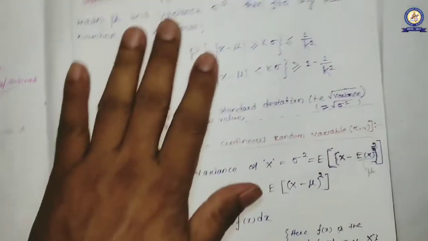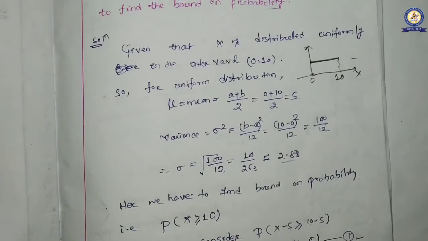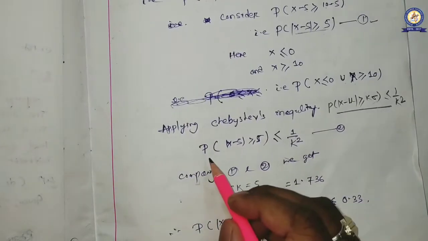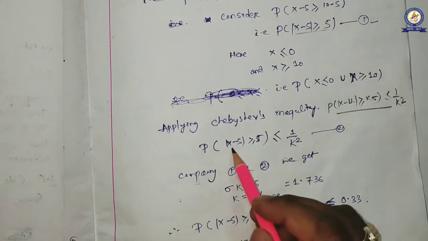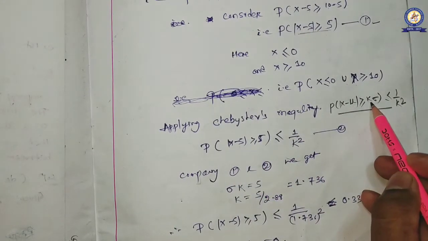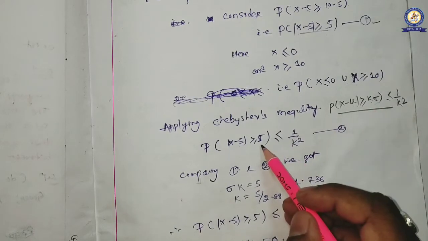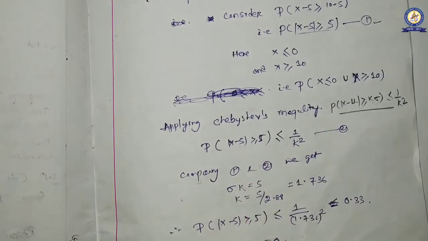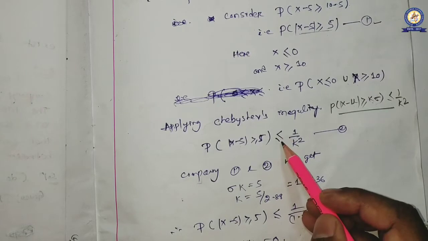These things we are going to use now. So probability of |x minus 5|, instead of mu I can write 5, greater than or equal to k sigma. Instead of k sigma we have the value 5, less than or equal to 1 by k square.